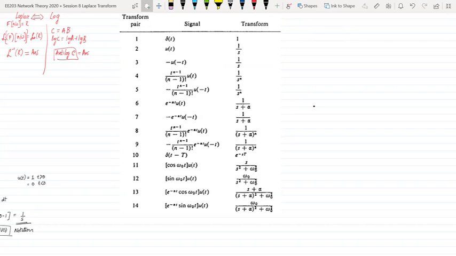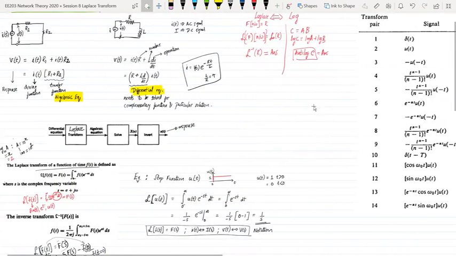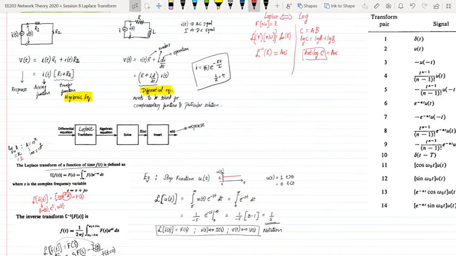So if I want to go from the original signal to find the Laplace transform, then I have to apply the formula: integrate f of t times e power minus st from 0 to infinity, right? That's the integration we are doing here.